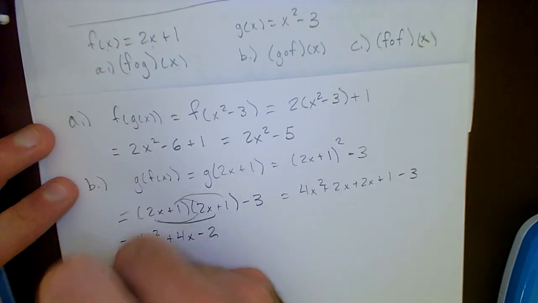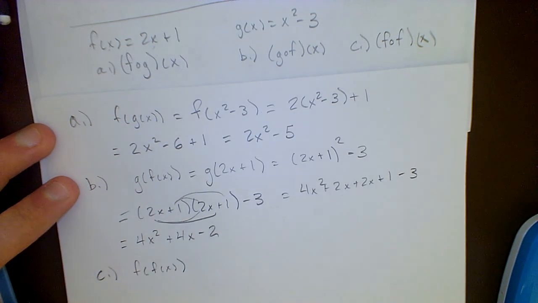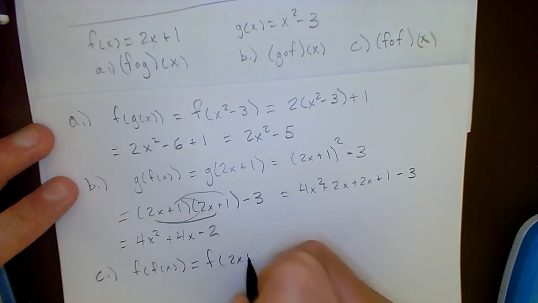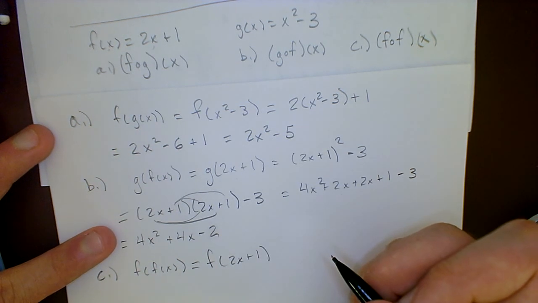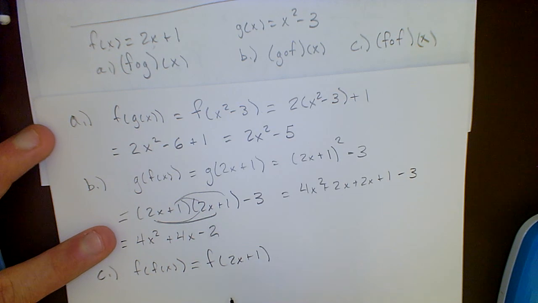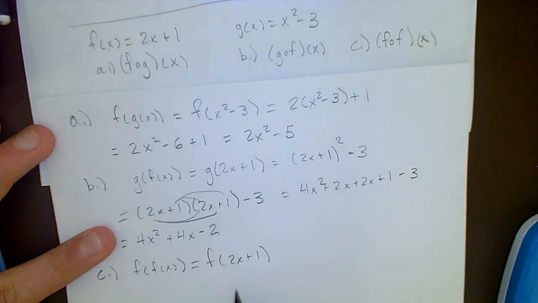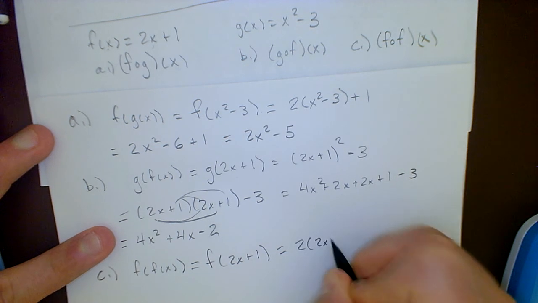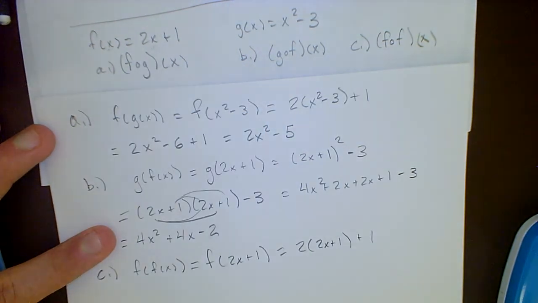Okay, so now to do f of f, we need f of x. So this is f of 2x plus 1. Now this is a little confusing, but wherever I see an x here, I'm inputting x and I get 2x plus 1. So if I input 2x plus 1, I should get 2 times 2x plus 1 plus 1. I put a 2x plus 1 wherever I see an x here.